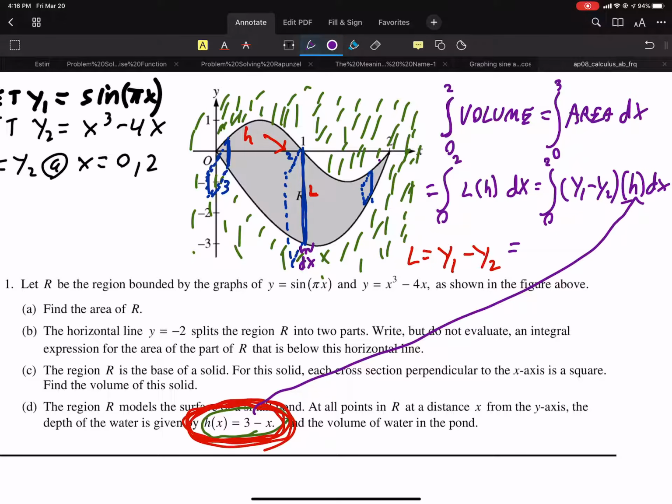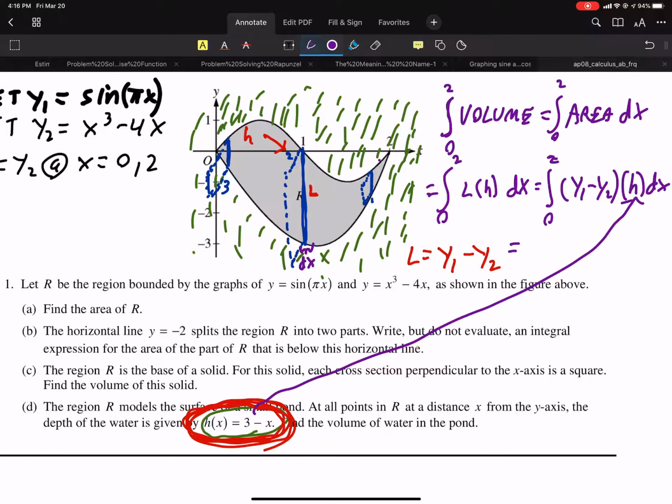Oh, me estúpido. I see what happened. This is not 3. I messed up. I put 0 to 3. It should be 0 to 2. And in my calculator, I put 3. So I'm going to scroll up, re-enter that, put in a 2, and my answer should come out perfect.